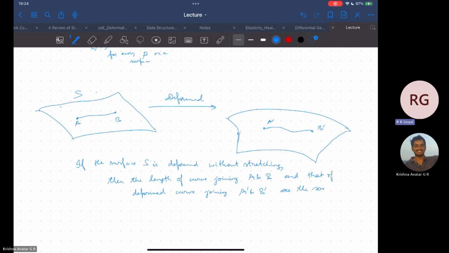As per common sense, it makes sense that the length would be the same, but do we have some mathematical formulation of this, that if it is not being stretched, then the length of AB and A prime B prime are the same? Yes, we can do that. Although I'm not discussing this in this course, you will find it in the previous notes that I have shared with you in that folder.